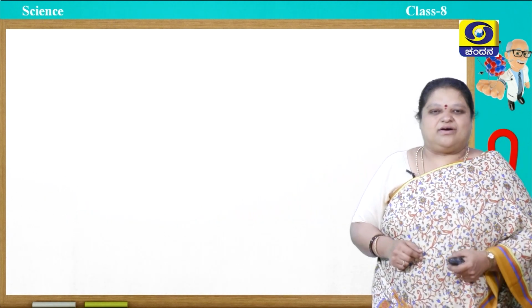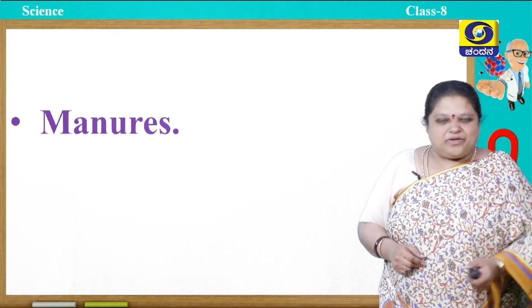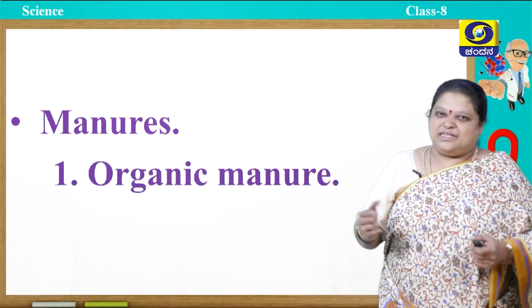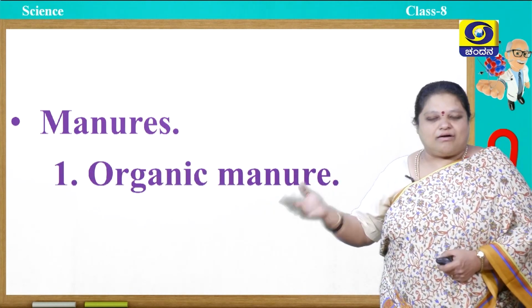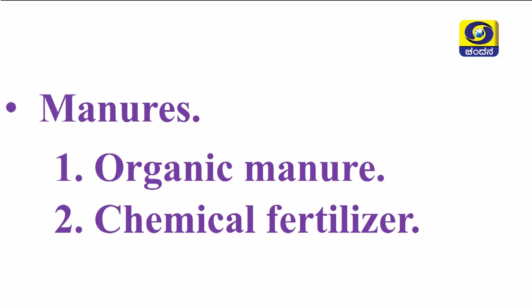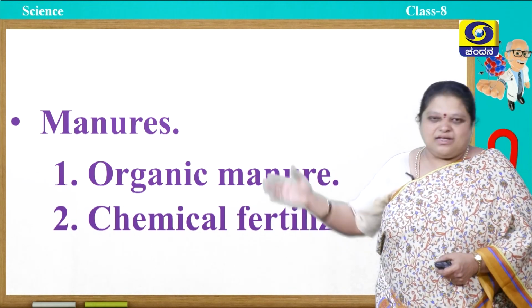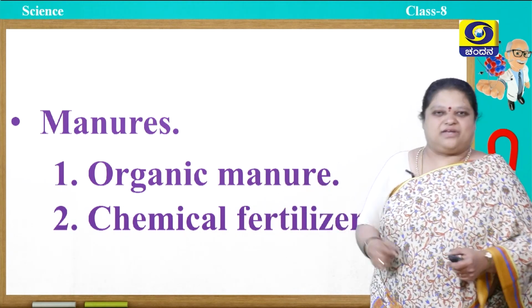Next, we also saw what manures are and why manures are required for the fields. In the manures we studied about organic manure and also the chemical fertilizers. We also studied the difference between organic manure and chemical fertilizers.